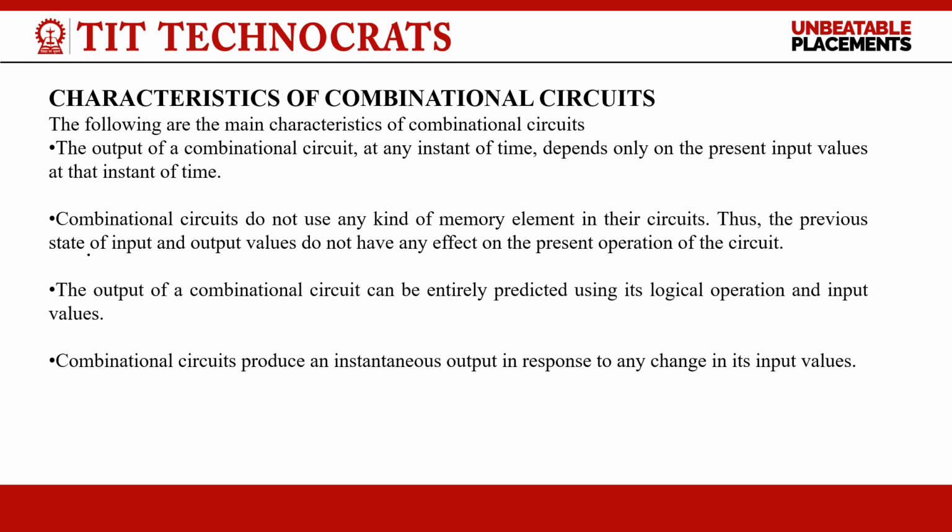Thus, the previous state of input and output values does not have any effect on the present operation of the circuit. The output of a combinational circuit can be entirely predicted using its logical operation and input values. The fourth characteristic of a combinational circuit is that it produces an instantaneous output in response to any change in its input values.